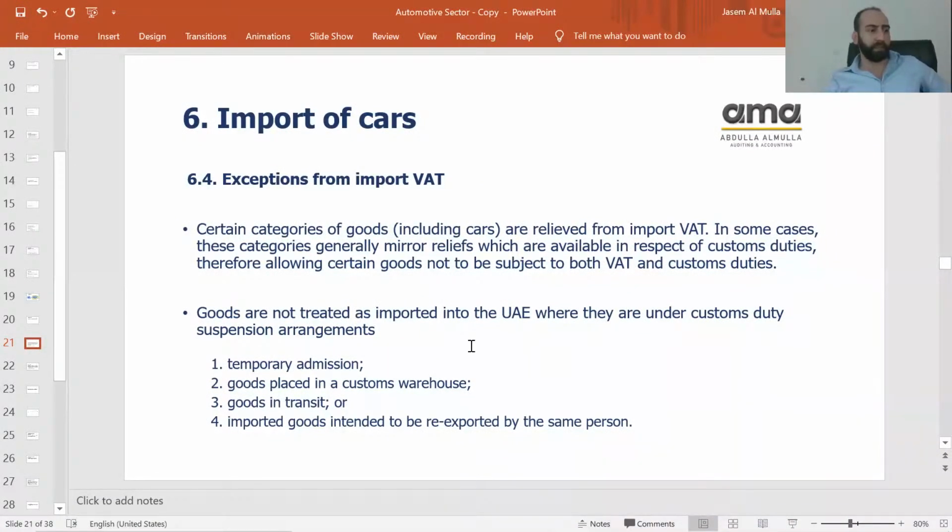In order to benefit from these exceptions, the importer is required to provide a financial guarantee to the FTA via the clearing agent for the amount of VAT chargeable in respect of the goods. This guarantee will be refunded once the goods leave the UAE.